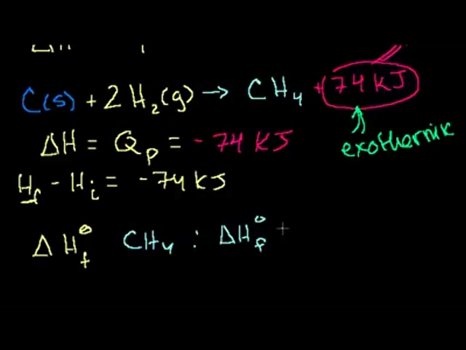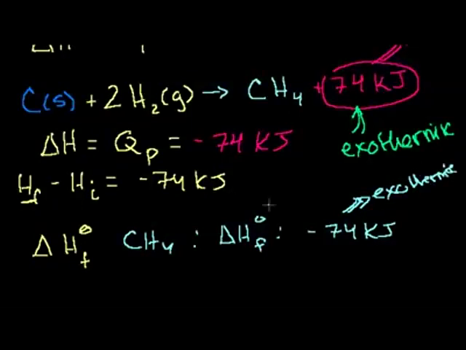Well, we just learned what the delta H of that reaction was. It was minus 74 kilojoules, which means that if you form methane from its elemental building blocks, you're going to release 74 kilojoules of energy. That this is an exothermic reaction. Because you released heat, you can also say that the methane is in a lower energy state, or it has lower potential energy than these guys did.